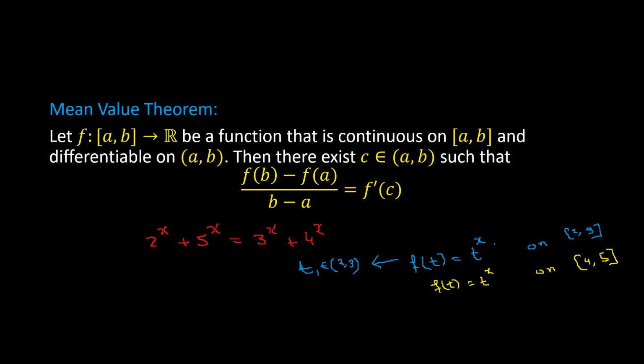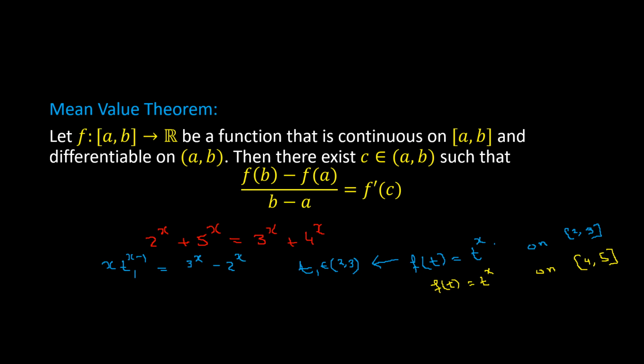So this will be x times t1 raised to power x minus 1, equal to f of 3, which is 3 raised to power x, minus 2 raised to power x, over 3 minus 2, and 3 minus 2 is 1.